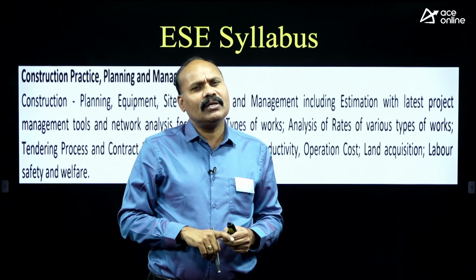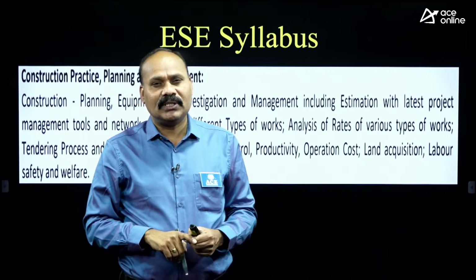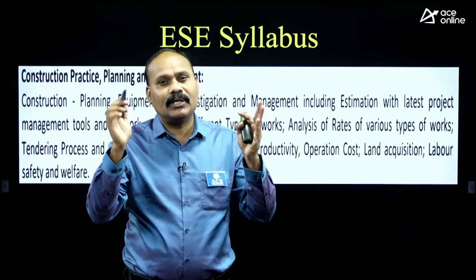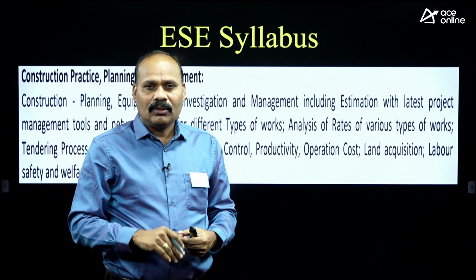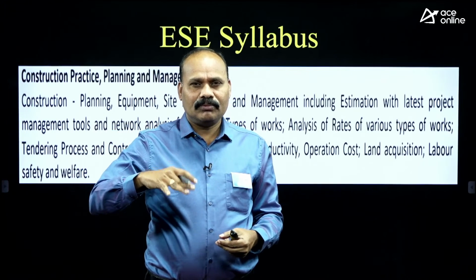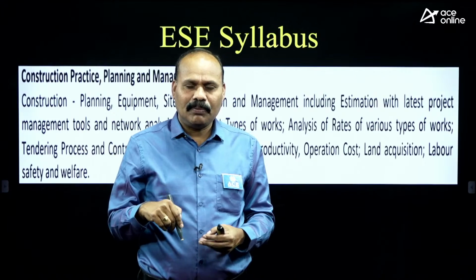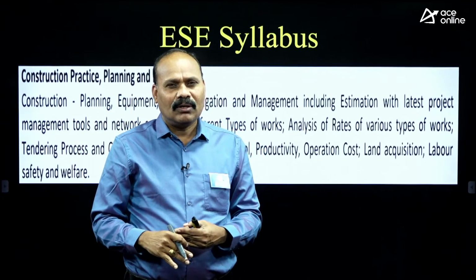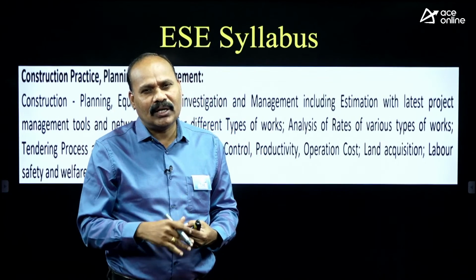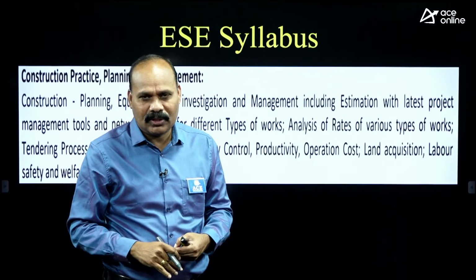That person may be scoring only 70%, not even 80%. Out of 300 marks in prelims, he may be scoring only 70%. That means out of 150 questions, he may be answering hardly 110 or 120.